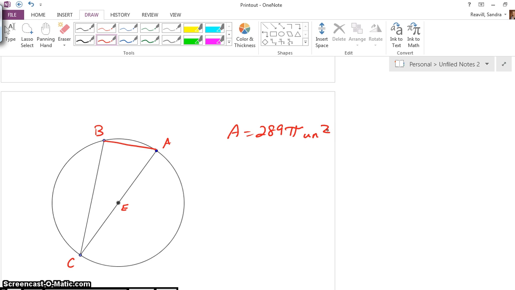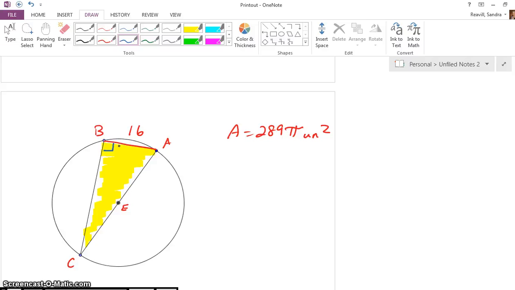And we're told that AB equals 16 units. I see that this triangle is inscribed in a semicircle, which makes this a right angle. I'm not sure if that will be important, but it just might be.